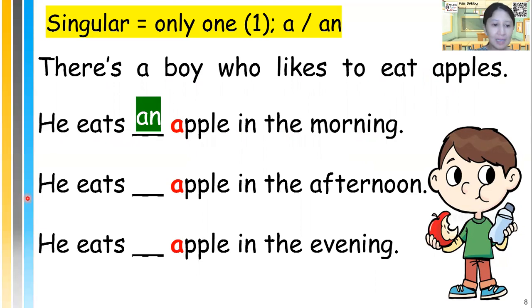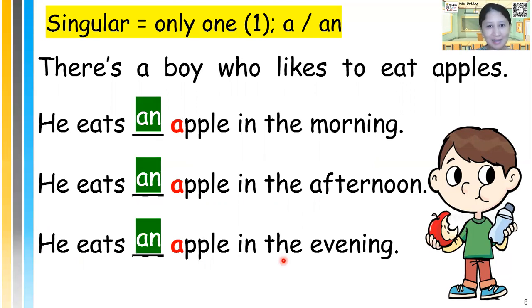Good. Next. He eats an apple in the afternoon. Okay. Next one. He eats an apple in the evening.